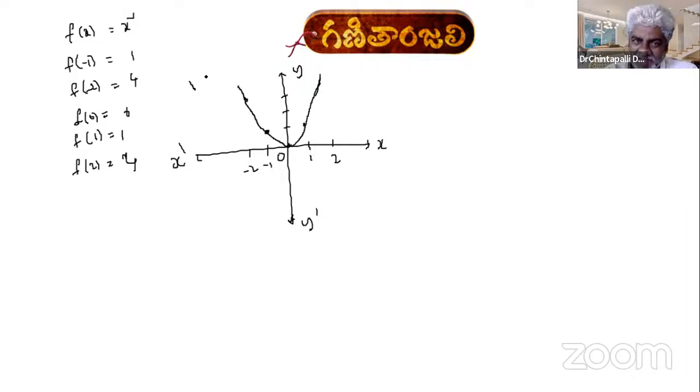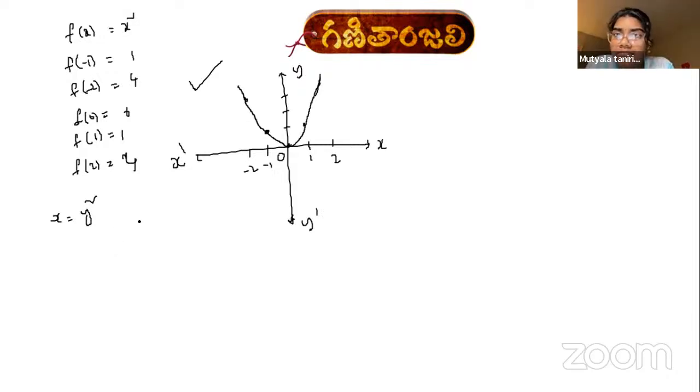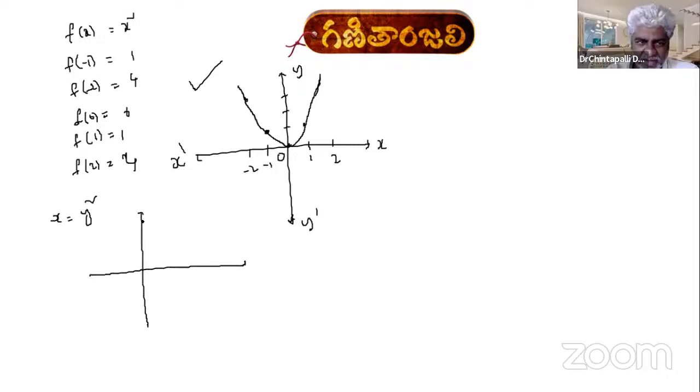There is another graph, that is x is equal to y square. If you draw the graph for this, if y is equal to -1, then x is equal to 1.